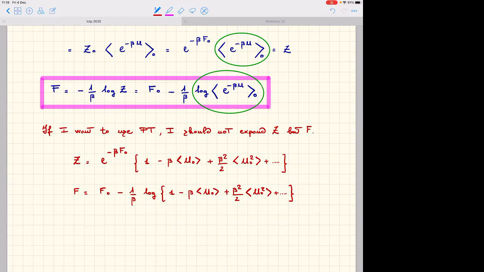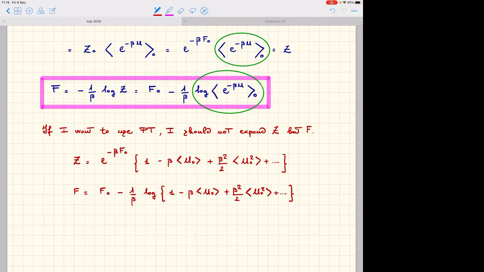So this is a general statement I'm going to make for you. When you want to do perturbation theory, what you're trying to do is compute whatever you want to compute in a power series in a small parameter, which typically is the interaction strength divided by some other energy scale. You agree? Now the question is what you should expand.